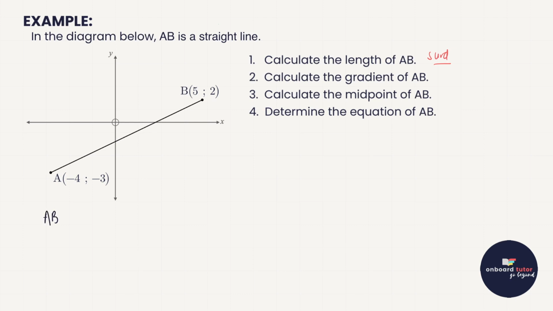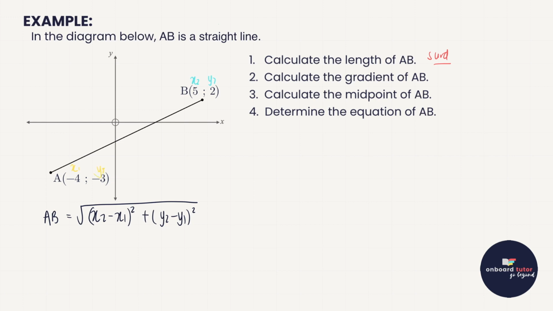We are working out a length here, AB, and we're going to say x2 minus x1, and we square it, plus y2 minus y1, and we square it, and there we go. What is helpful for a lot of students is to actually assign and say, I'm going to call this point 2, and this here, point 1. And then generally, we make fewer mistakes when we substitute in.